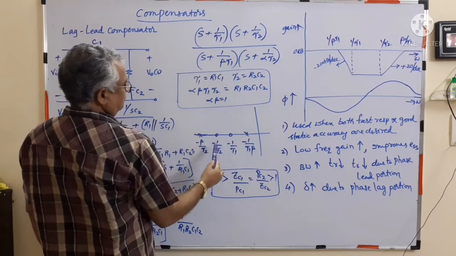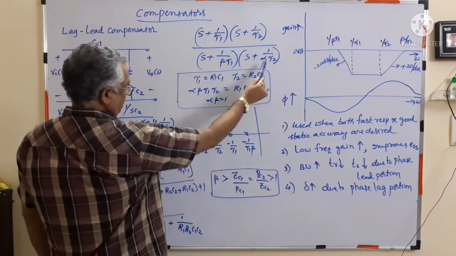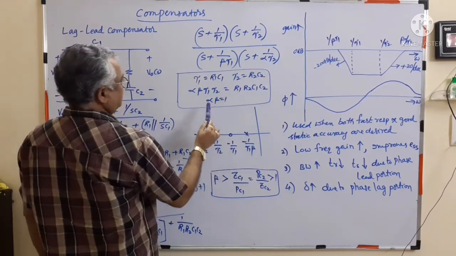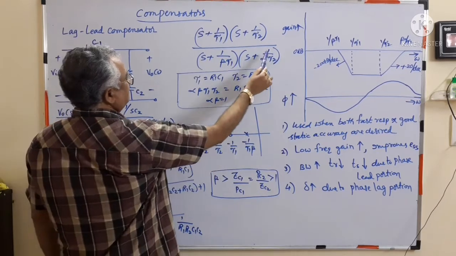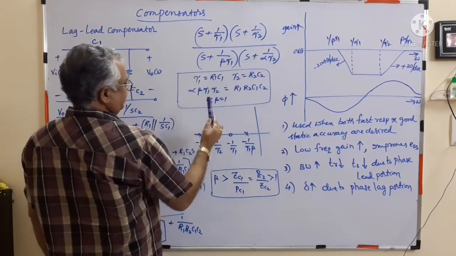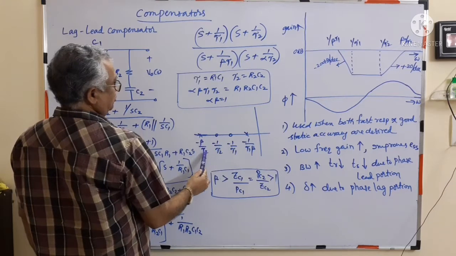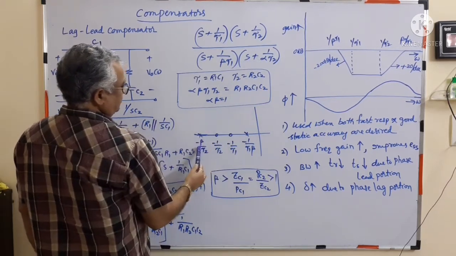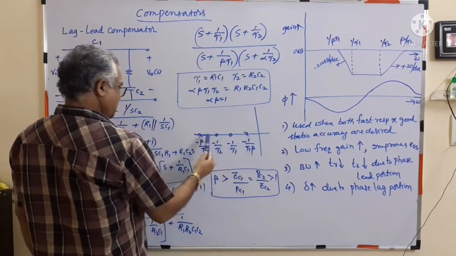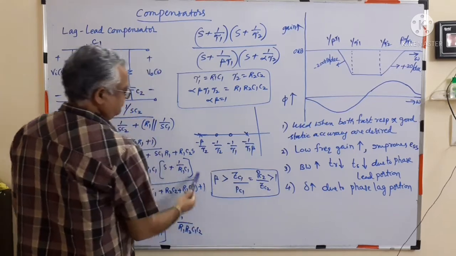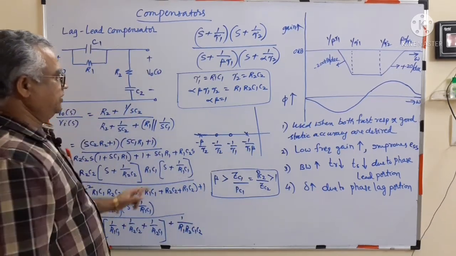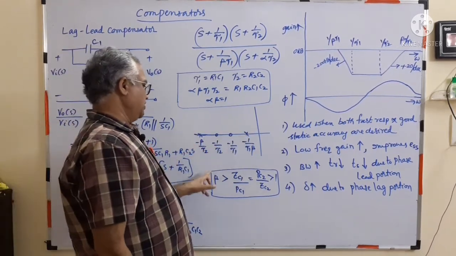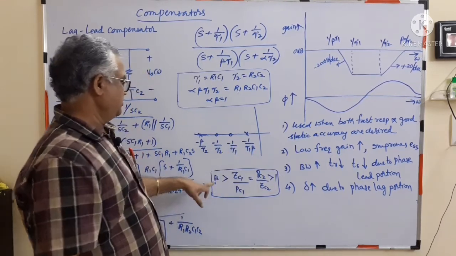Next, the zero at minus 1 by tau 2. Next pole: since alpha beta is 1, 1 by alpha is beta, so minus beta by tau 2 is this pole. They will be in this order under this condition.